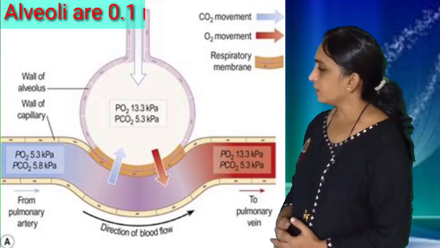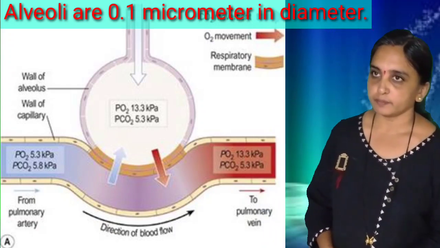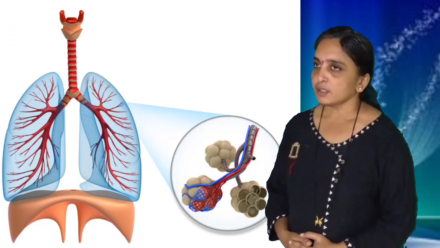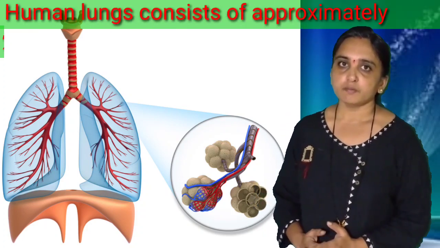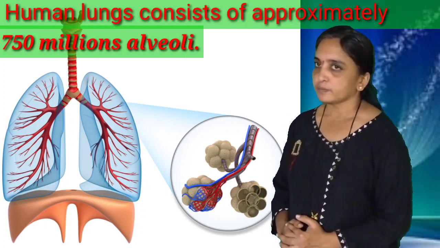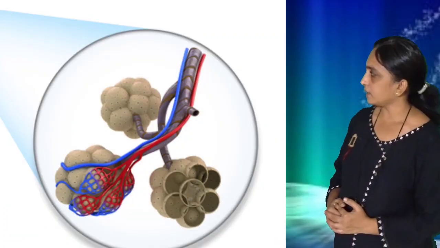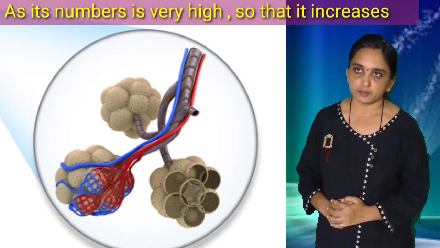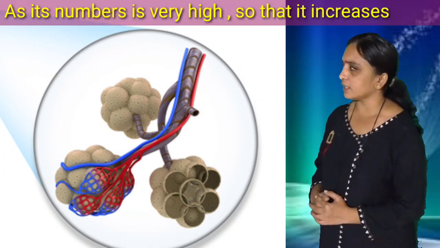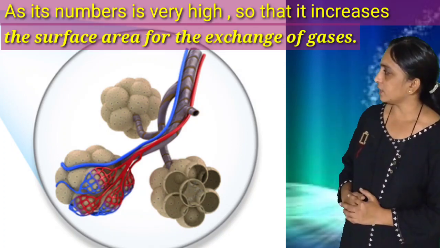Alveoli are 0.1 micrometer in diameter. The human lung consists of approximately 750 million alveoli. As the number is very high, it increases the surface area for the exchange of gases.